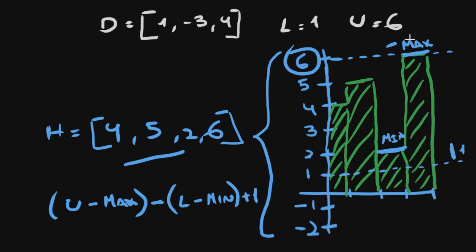We want to subtract the upper difference minus the lower difference and add 1 to that, and that's the result. Time and space complexity for this one will be big O of n.